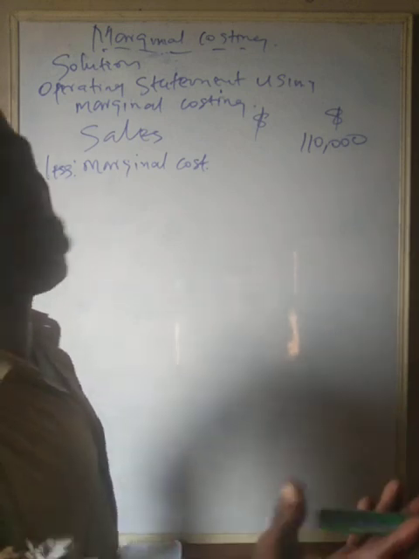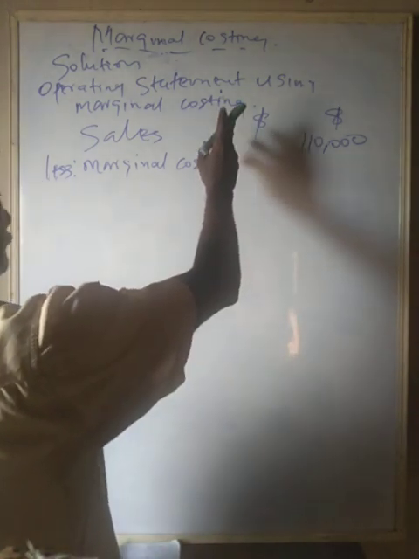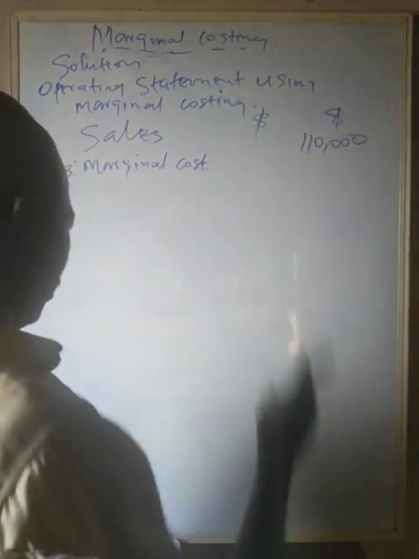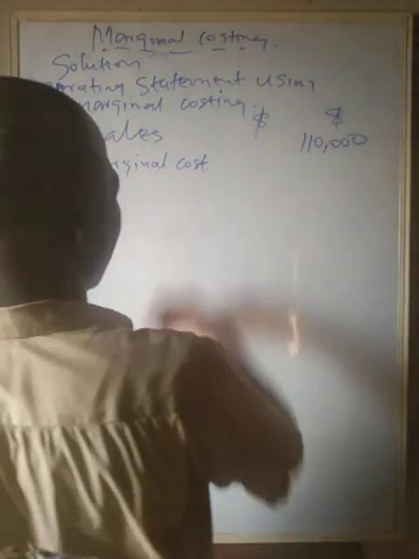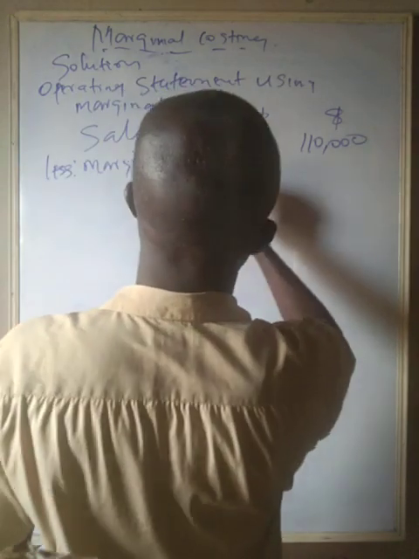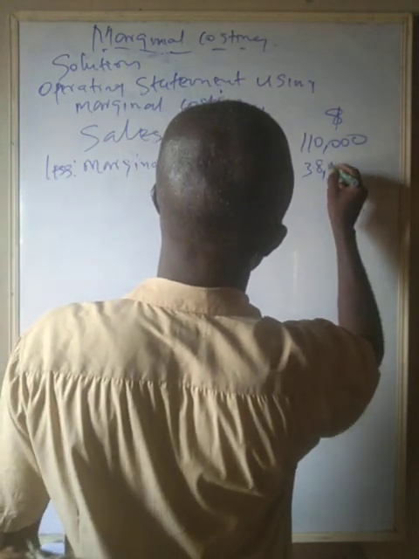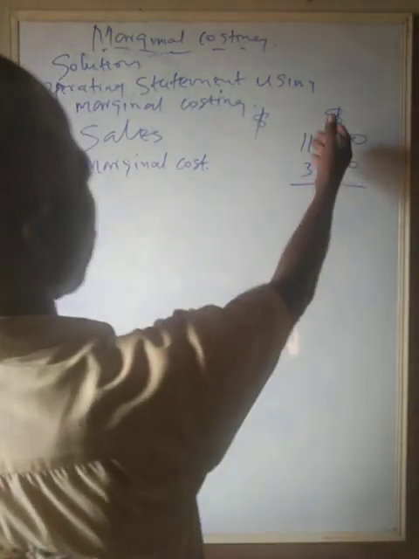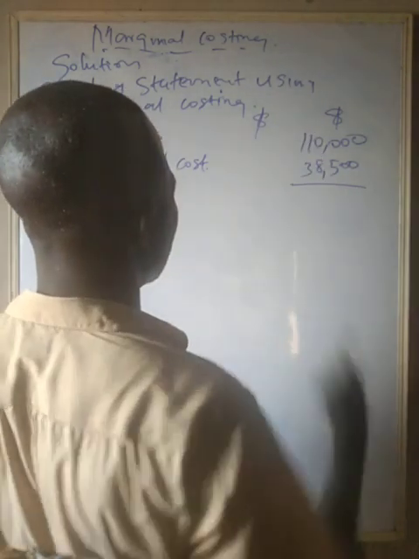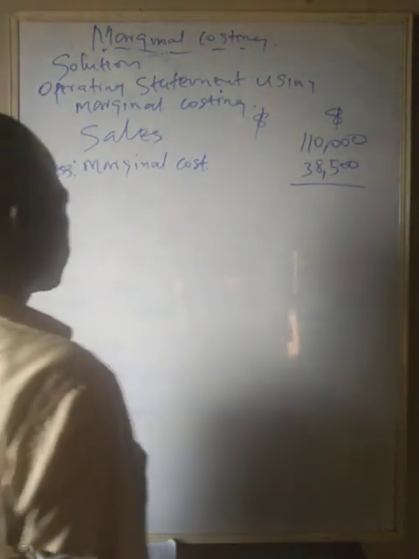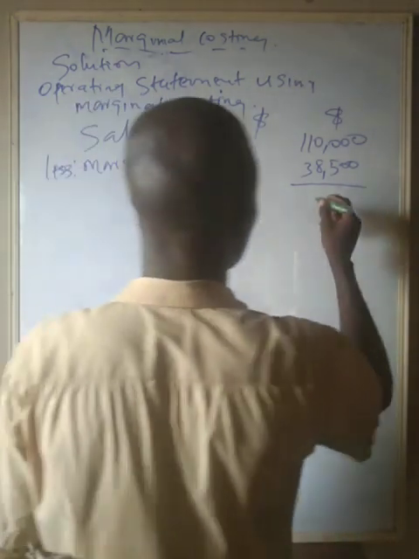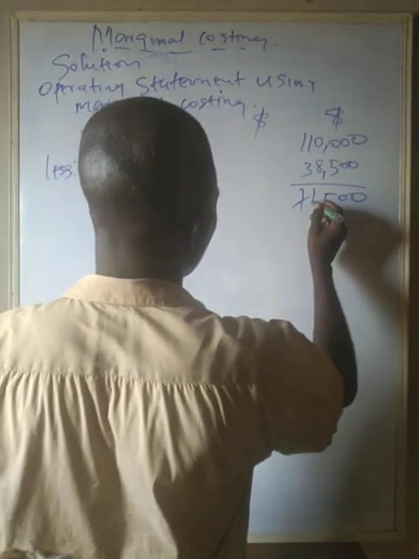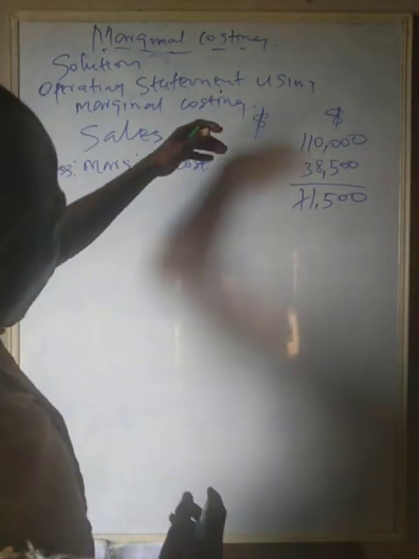The elements of variable cost are direct material, direct labor, direct expenses, and the variable production overheads. It is summed up in the question: the marginal cost is 38,500. Deduct 38,500 from 110,000 and you arrive at $71,500.